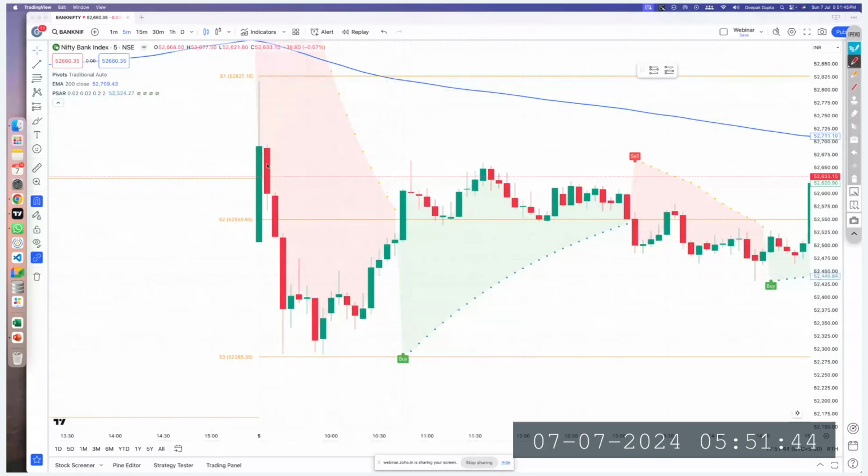So let's suppose we wait for the first candle to close, we start selling here. If this is the sell position, look at how much profit it would have given us. This was the potential profit.